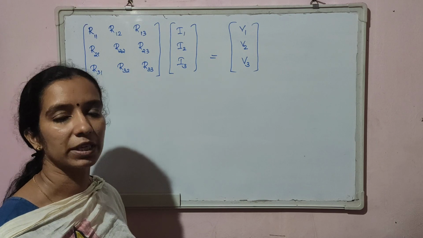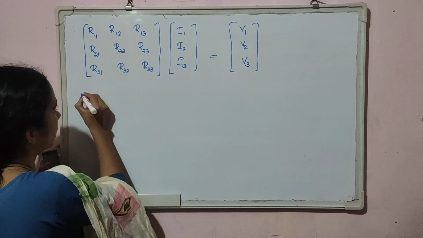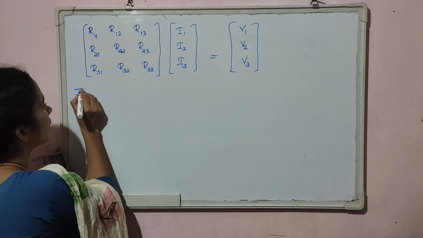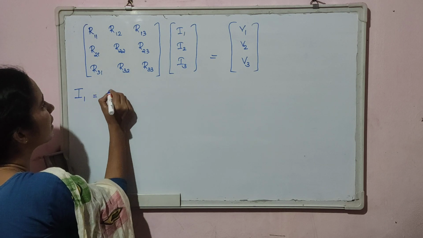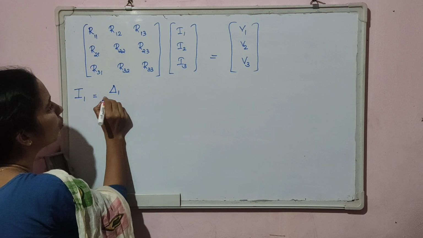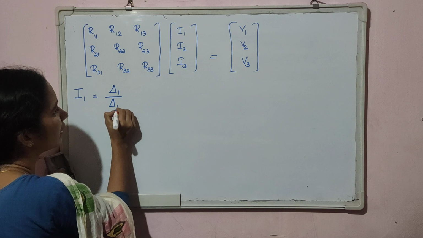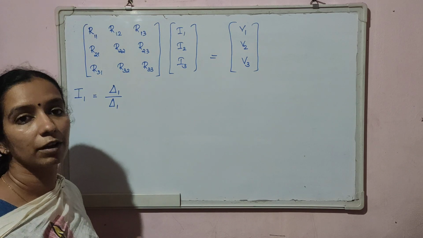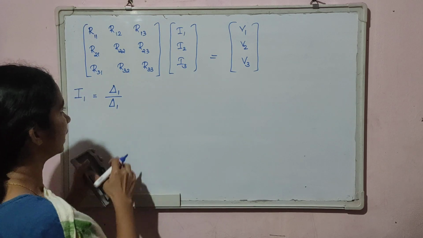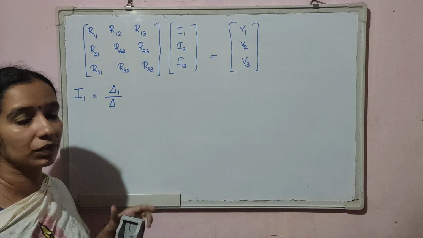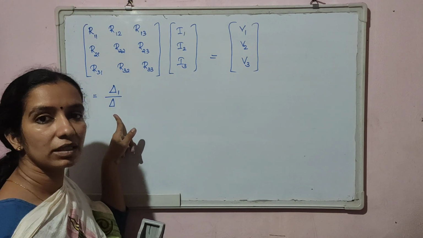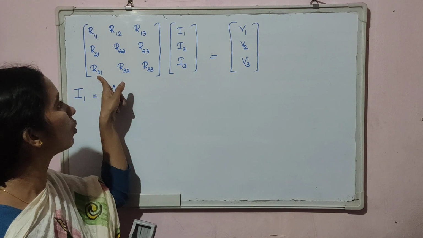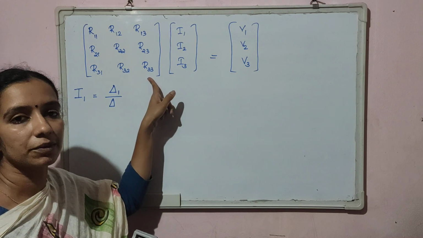According to Cramer's rule, the unknown current I1 can be written as the ratio of two determinants, delta 1 divided by delta, where delta is the determinant of the original resistance matrix.